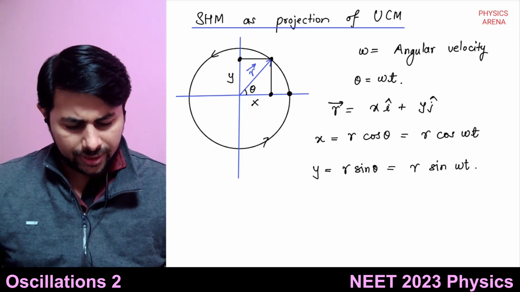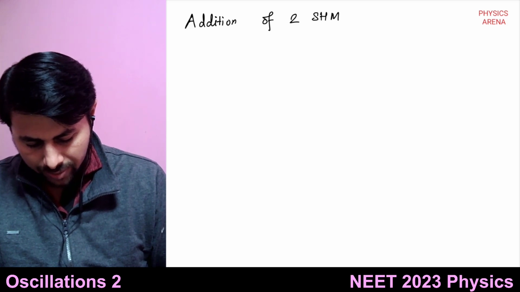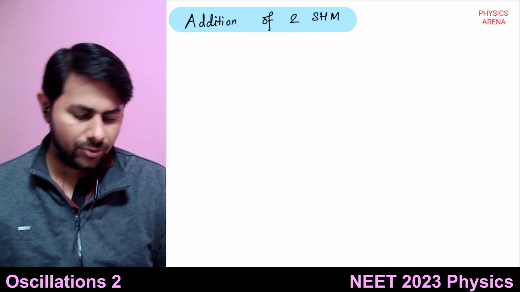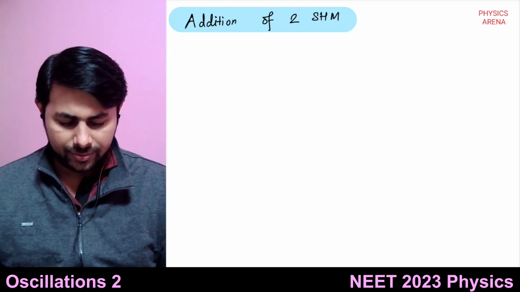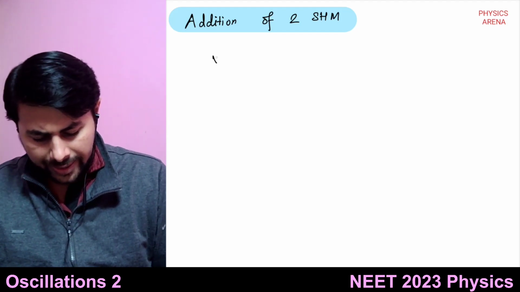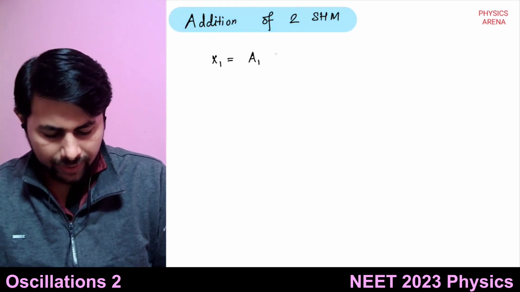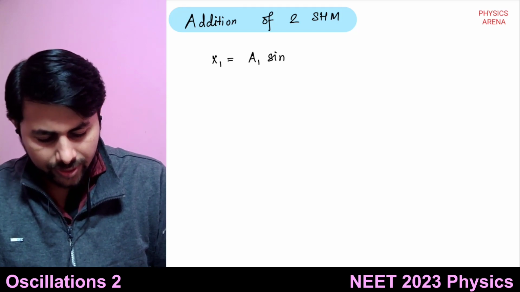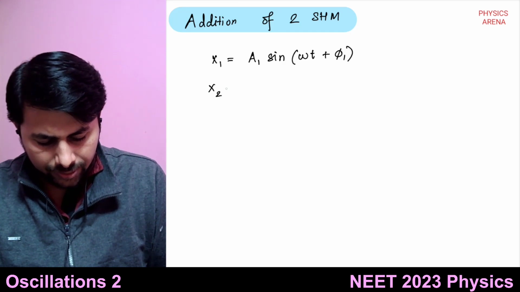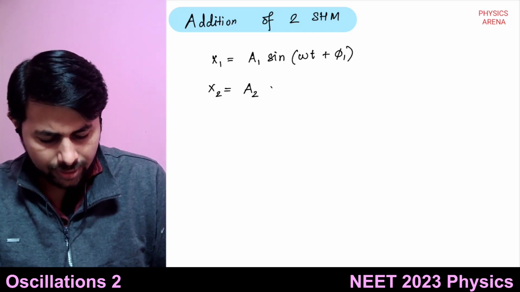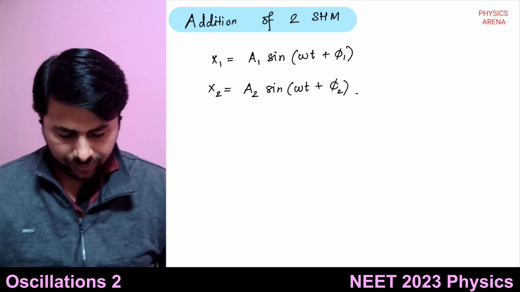Okay. Then let's consider one more thing, and that is, let's talk about addition of two SHM in same direction. So let's consider two SHMs. So x1 is suppose a1 multiplied by sine of omega t plus phi 1, and x2 is suppose a2 multiplied by sine of omega t plus phi 2.